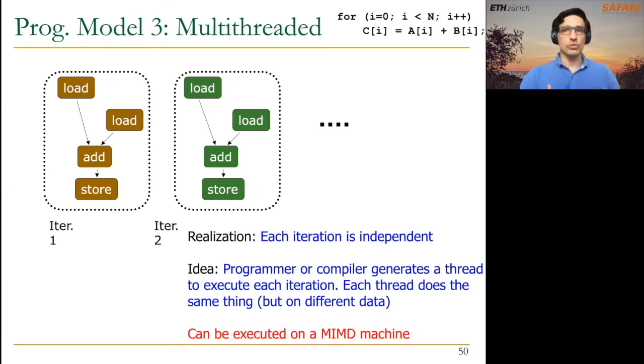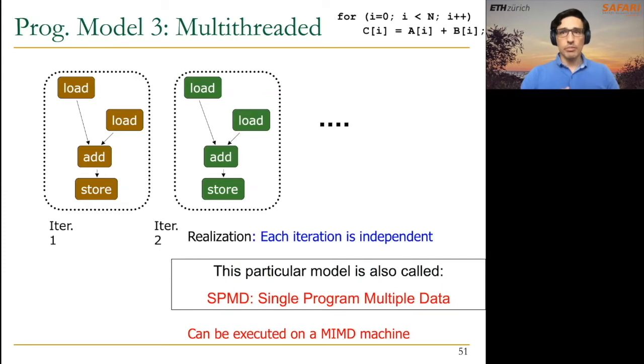So this is what we normally do when we write code for MIMD machines. And this programming model is not only MIMD, but also called single program multiple data, because observe that in all these iterations, the program is essentially the same, but they are operating on different data instances.